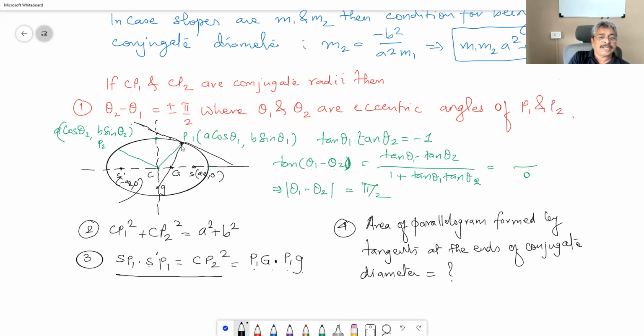So CP2 and the tangent at P1 will be parallel, and CP1 and the tangent at P2 will be parallel. So maybe you can consider only this much, E, and everywhere it is going to happen like that, and eventually P2E is going to be parallel to P2 dash E dash. Everything is parallel to each other. So that is what is the parallelogram, right?